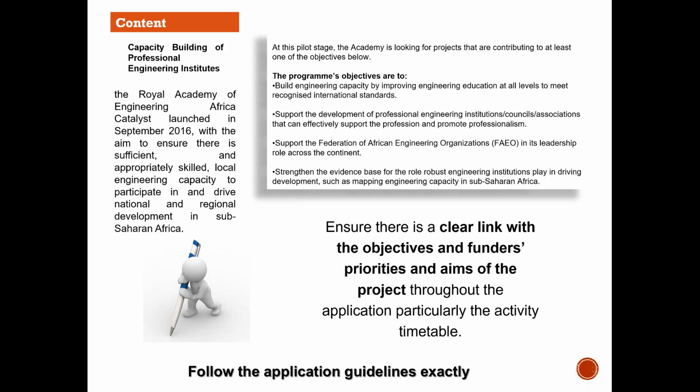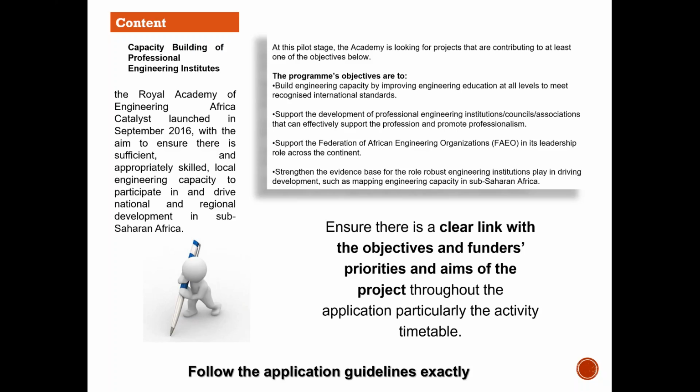The first objective of this grant is to build engineering capacity by improving engineering education at all levels to meet recognized international standards. The second one is to support the development of professional engineering institutions, councils, associations, so they can effectively support the profession and promote professionalism. The third one is to support the Federation of African Engineering Organizations in its leadership role across the continent.